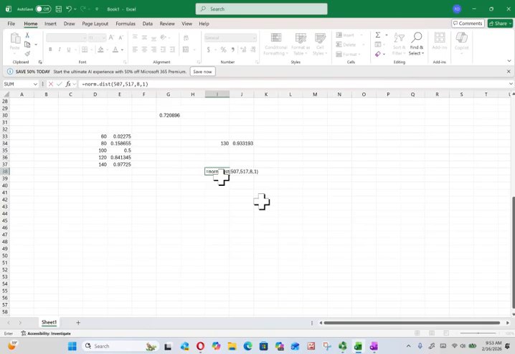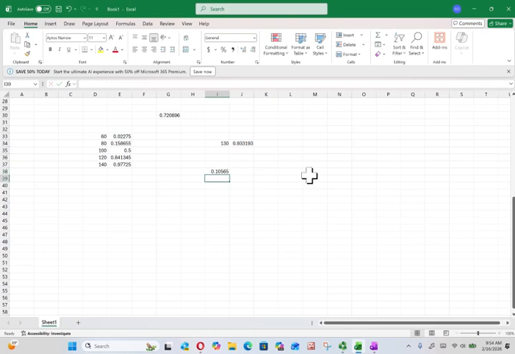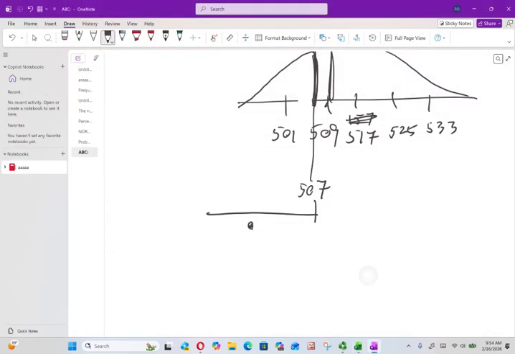What's the area to the left of 507? 0.106, 10.6%. What's to the left of 509?